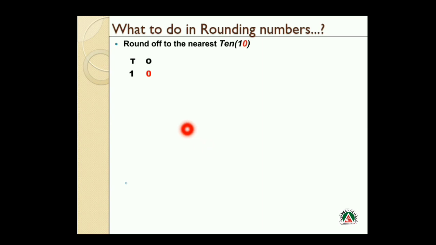Always in the place value less than tens, always 0 will come. This digit might be changed as per the rules, but here always 0 will come.